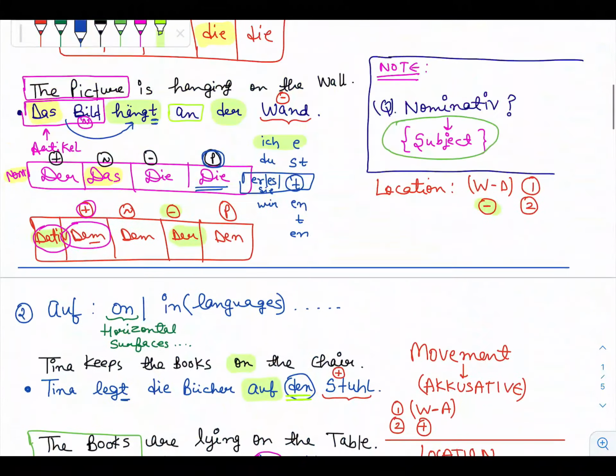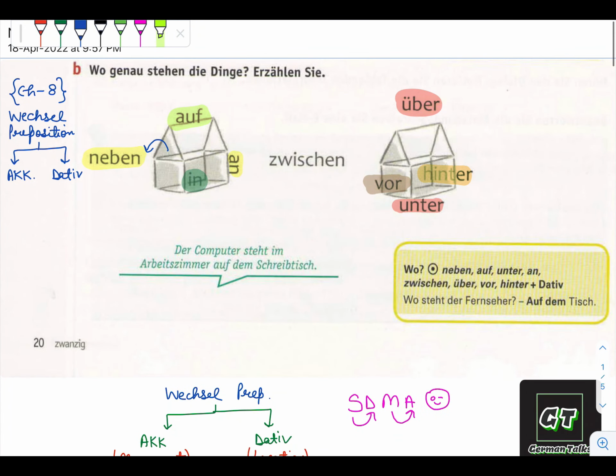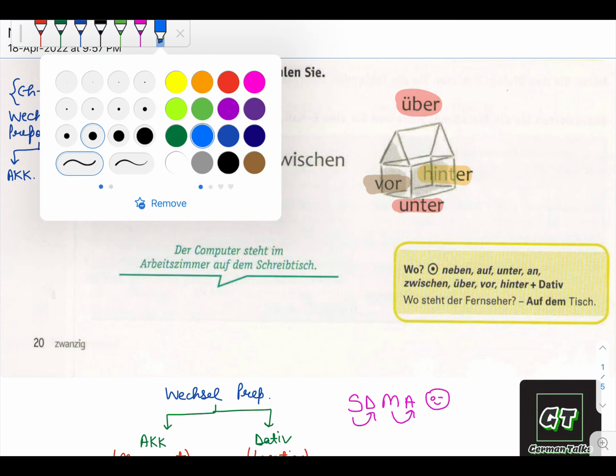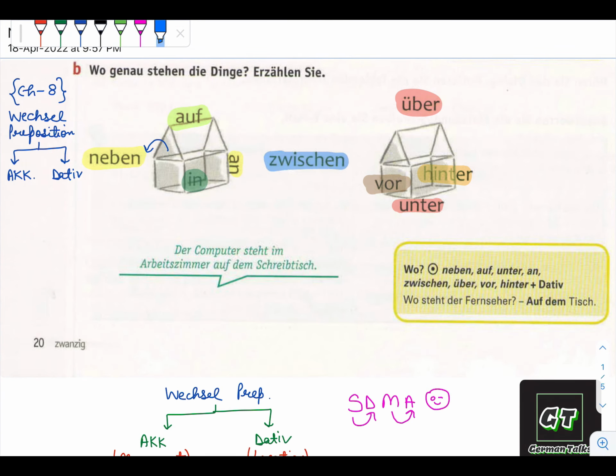Now, the last preposition, which is zwischen, means between.